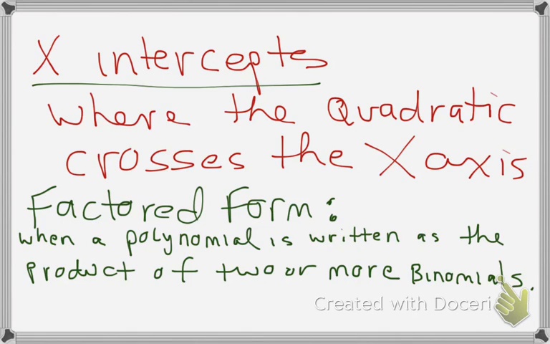Factored form is when a polynomial is written as a product of two or more binomials. And we're going to see examples of these in a second, because the next thing I'm going to give you are the steps to solve so that you're able to do that.